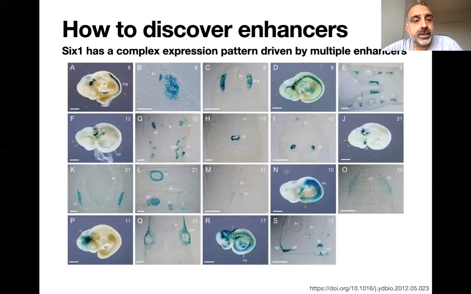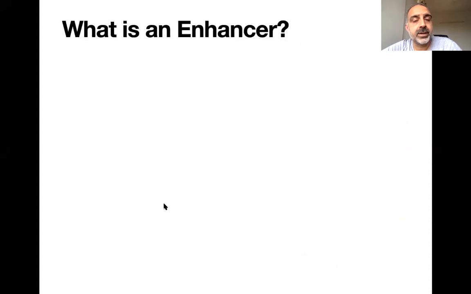Okay, so let's start thinking about what is an enhancer. I've kind of explained what an enhancer does, but we still haven't really understood what's actually inside an enhancer. So what does an enhancer physically consist of?